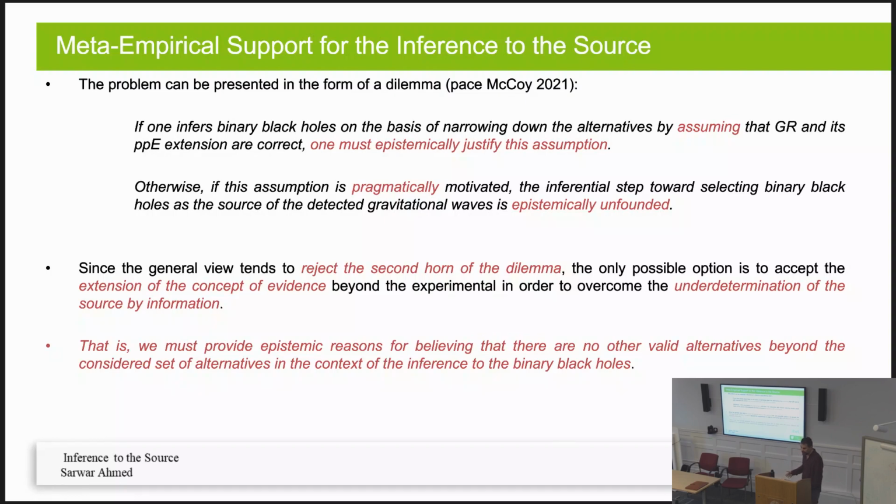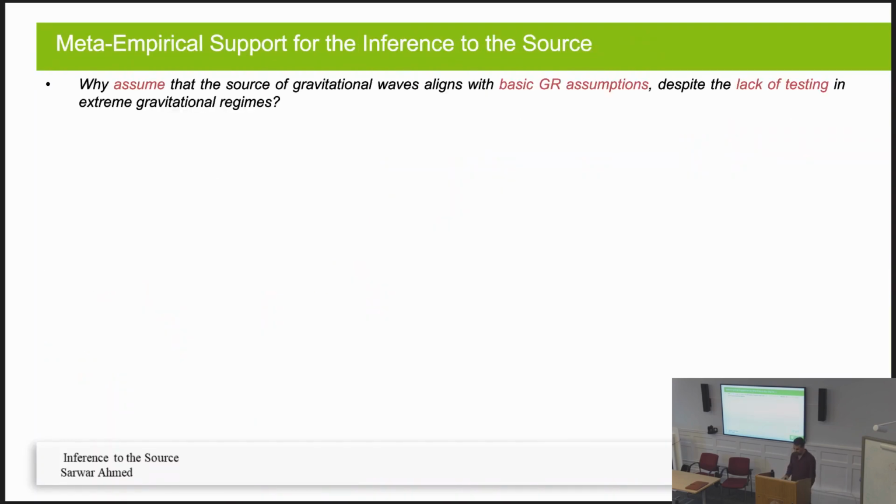That means we must provide epistemic reasons for believing that there are no other valid alternatives beyond the considered set of alternatives in the context of the inference to the binary black holes. So the question is, why assume that the source of gravitational waves aligns with basic GR assumptions despite the lack of testing in the extreme gravitational regime?